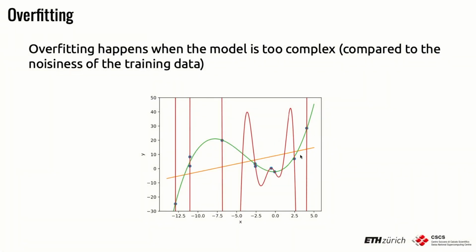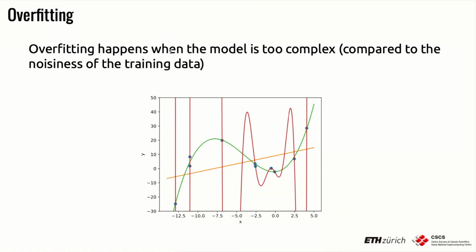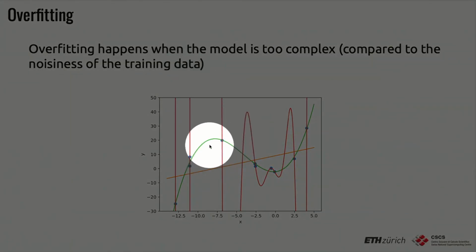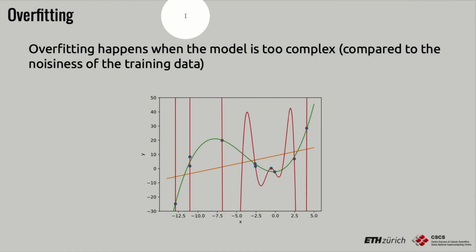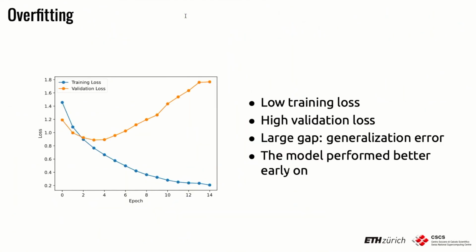So the loss would be 0 in this case. But outside of the training points it is completely bonkers. So if you try to use the polynomial of degree 10 to predict the value of the point here, you will get a completely wrong value. And this is essentially what's happening with overfitting.